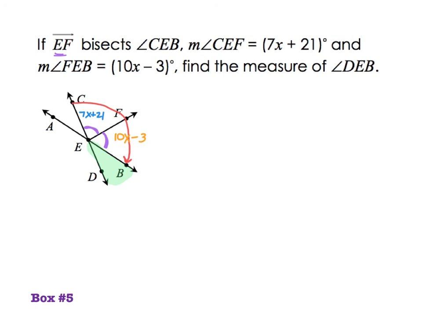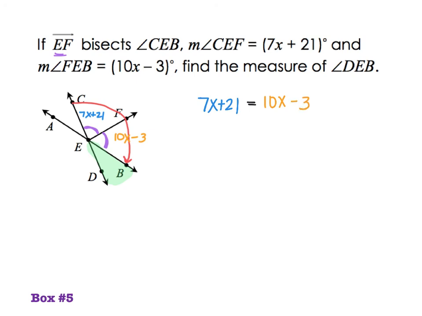All right, so let's go ahead and get started. Here's the first thing though. Since we know the two angles in purple are equal to each other, that means that the blue, which is 7x plus 21, is actually equal to the orange, which happens to be 10x minus 3.